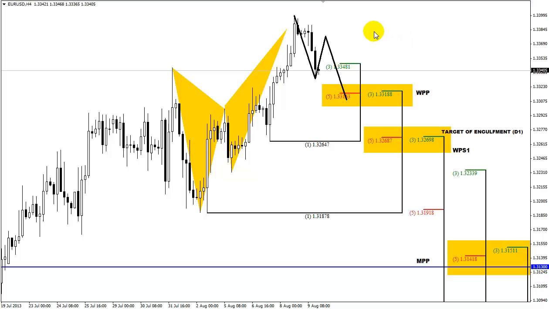Here we can see that the market has completed the 127 extension of this butterfly, so it reached an important intraday target and is now starting a retracement. It tested the 38 Fibonacci support from this up move, okay, and maybe the market will reach this first area marked by the yellow rectangle.